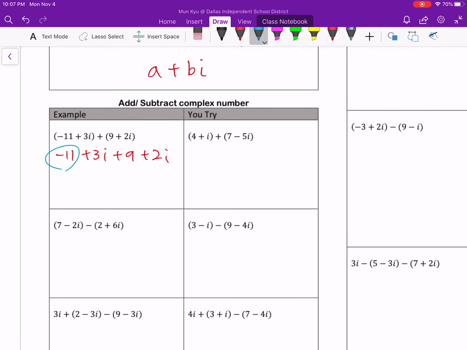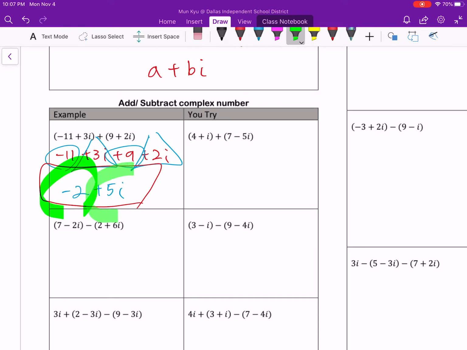Negative 11 goes with positive 9, so negative 11 plus 9 should be negative 2. 3i should go with 2i. 3 plus 2 should be plus 5i. One thing that you have to be careful about is that real component always comes first and imaginary component comes later.